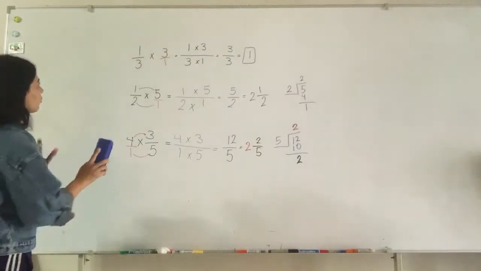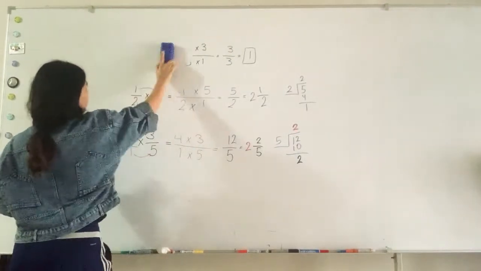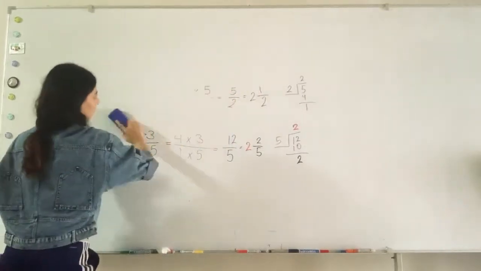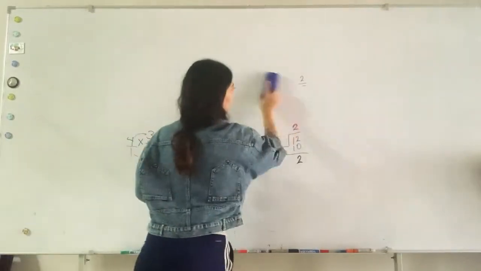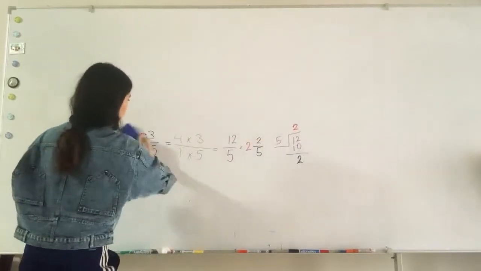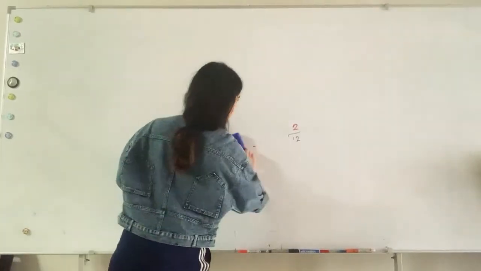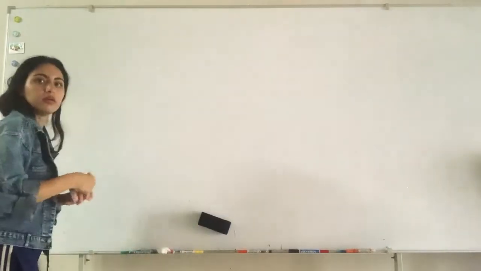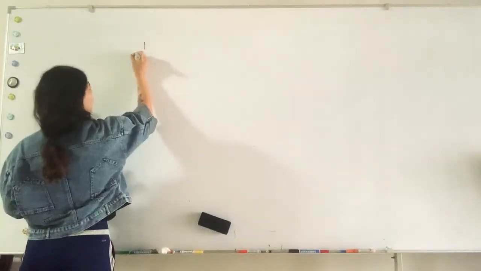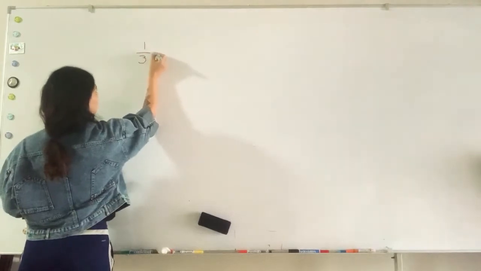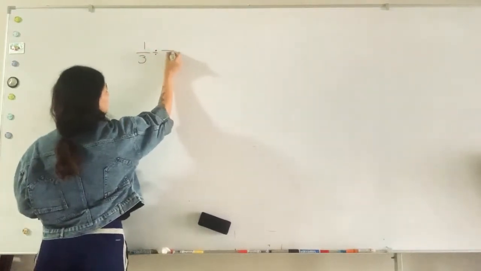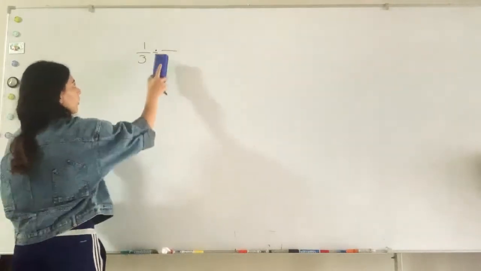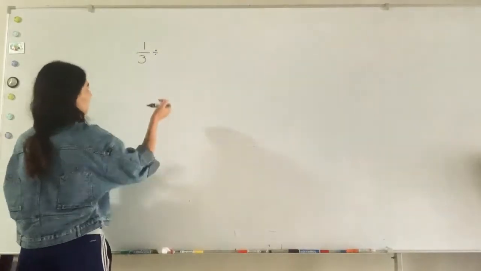Then I'm going to give an example of division. For example, we have 1/3 divided by, let's give a fraction divided by a whole number, by 5.